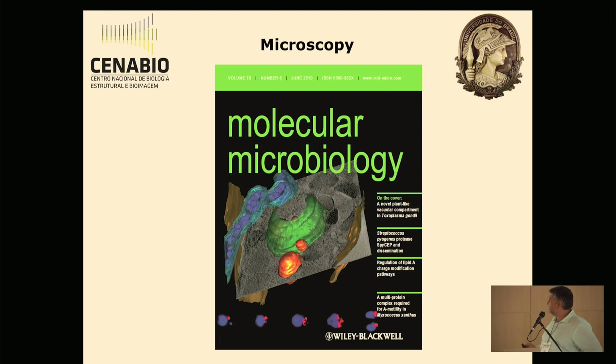And the second unit is microscopy, obviously, where Kildare here is the most indicated person to talk about microscopy. Here is the authority in microscopy in our unit, and now under the direction of Marcia Tia, who is here also.